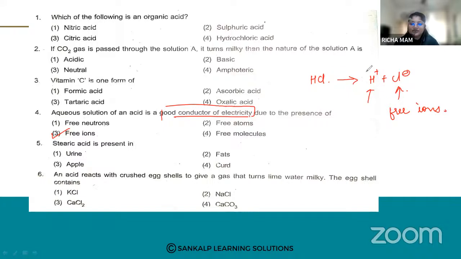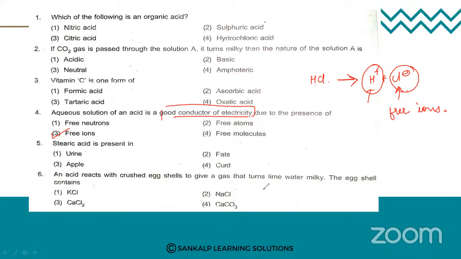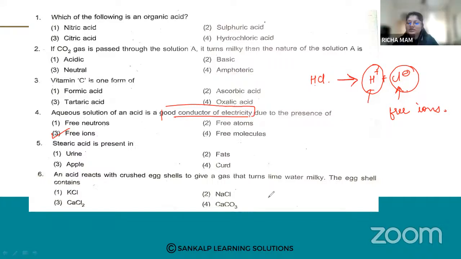Because of these free ions, H plus and Cl minus, it is a good conductor of electricity. Like the example H2SO4, when you add it in water, it will dissociate into ions. So it is because of these free ions that it is a good conductor of electricity.